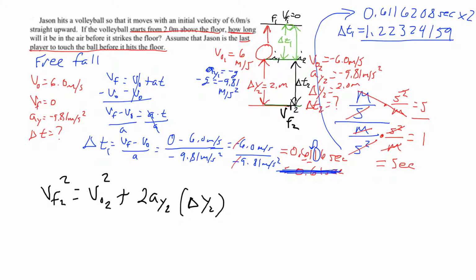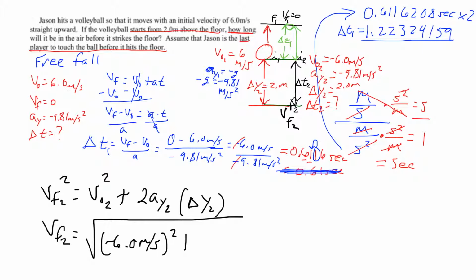Okay, so the final velocity of trip 2 is going to be equal to the square root of, because we're getting rid of the square there, the initial velocity squared, so I'm going to put that in there, plus this piece right here.